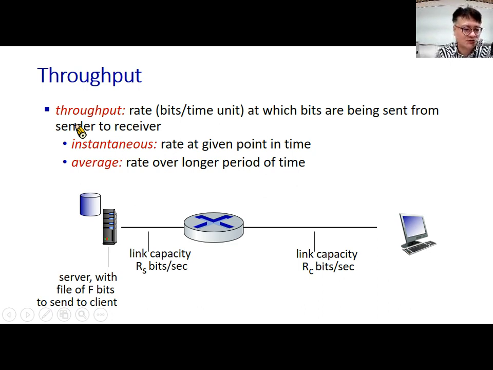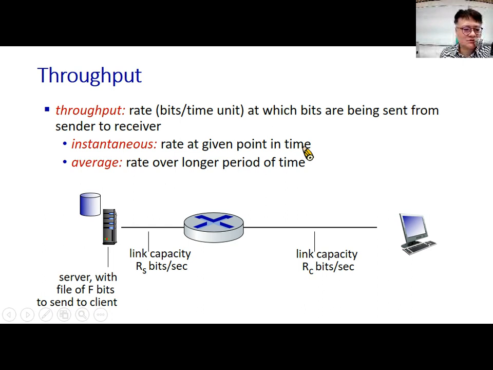What do we mean by rate? It is bits per time unit. So throughput has two definitions. One is instantaneous, the other is called average. Instantaneous is the rate at a given point in time, very straightforward.